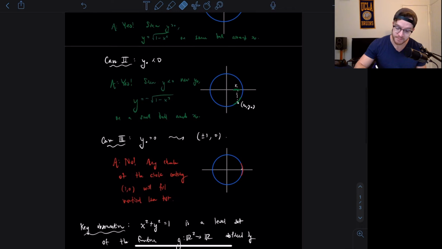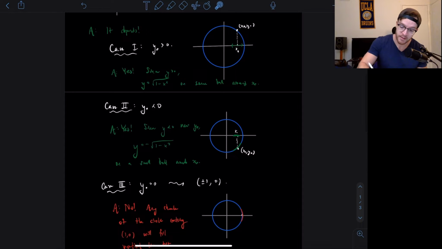So let's see. In the first example, the tangent line would kind of look like this. And that tangent line looks like the graph of a function, right? Y in terms of x. Likewise, down here, it looks like the graph of a function too. Looks like we can write y in terms of x.